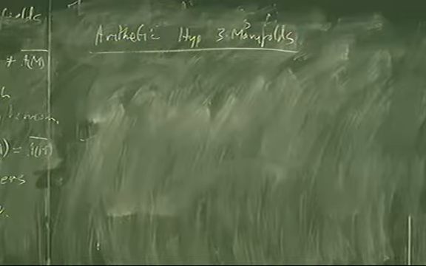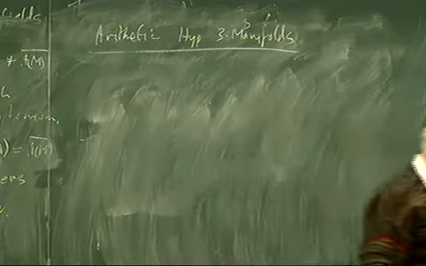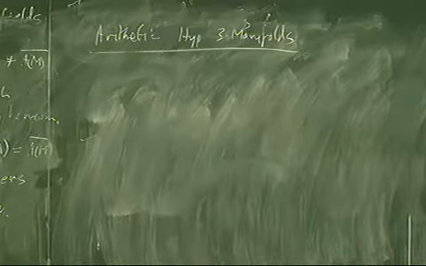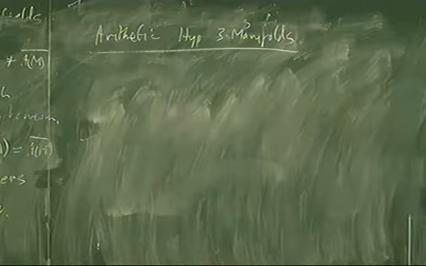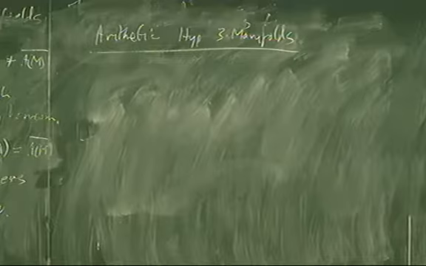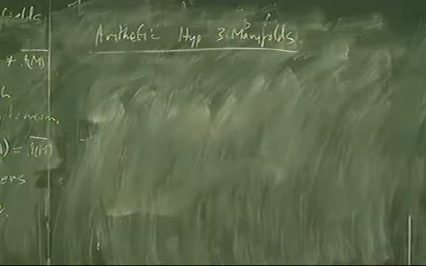Just to remind you, an arithmetic group is basically the set of integer points in some sort of algebraic group defined over some field. This algebraic group, when you look at its C points or its R points, will be a Lie group. So your arithmetic group then becomes a lattice in some sort of Lie group.